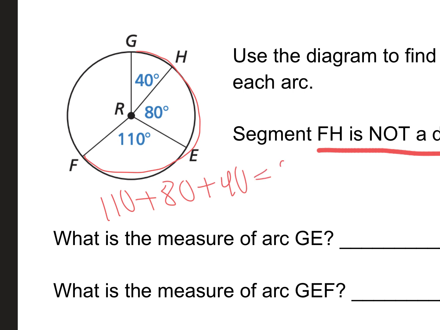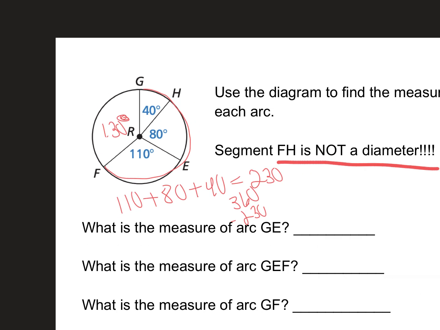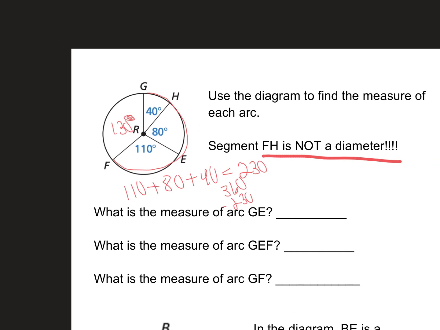So the rest of the way has to get me to 360. So it's going to be 360 minus 230, which is 130 degrees, because all of these angles make a complete circle, so they have to add up to 360 degrees.